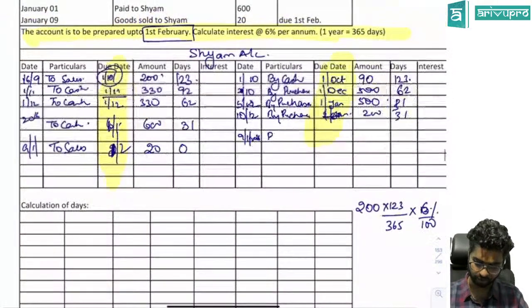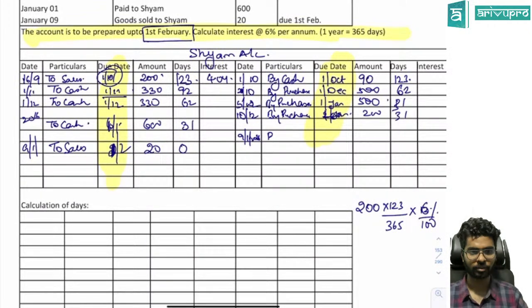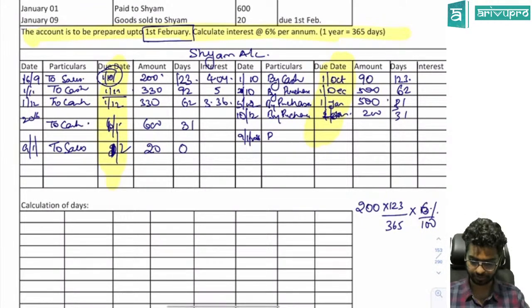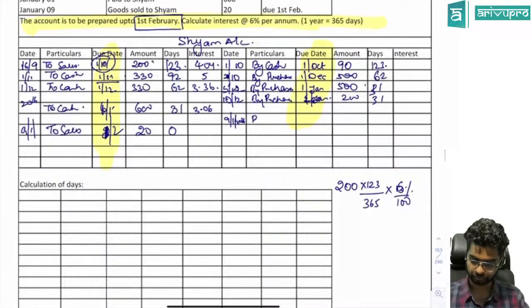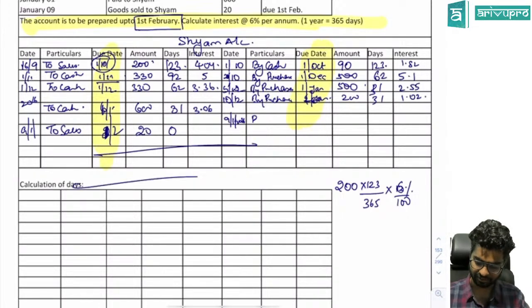So like this you have to calculate for every single interest. 4.04. Guys, for want of time, since you know how to calculate interest, I'll focus on the other methods. 3.36. Done. Finally, find the balancing figure.